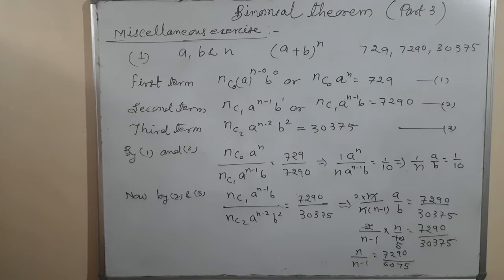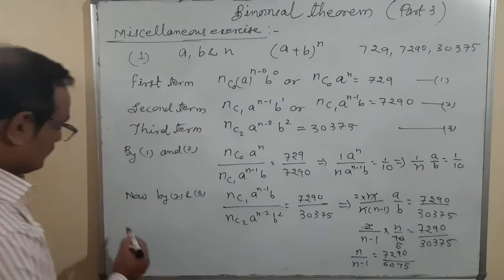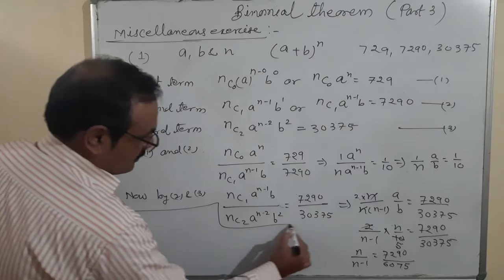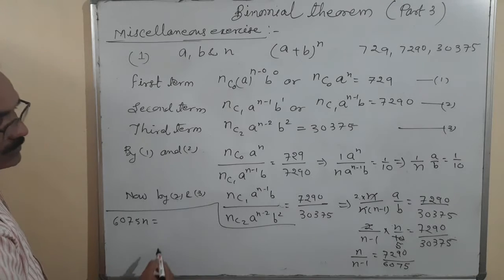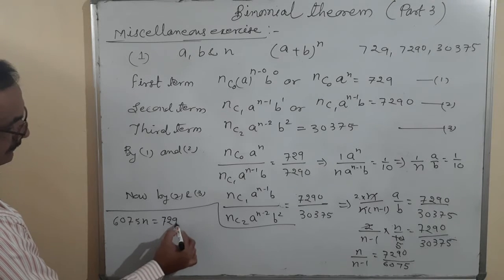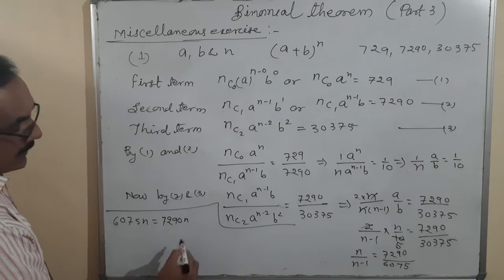After that, what should be done? Cross multiplication. Cross multiply: 6075 n is equal to 7290 n minus 7290.